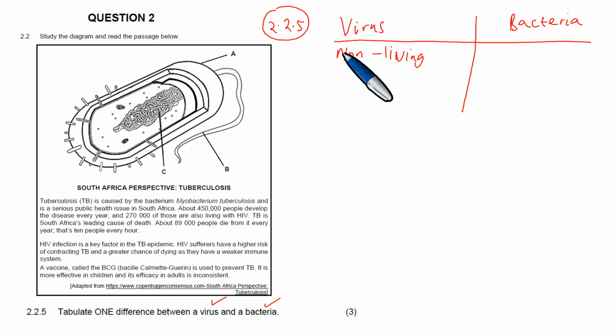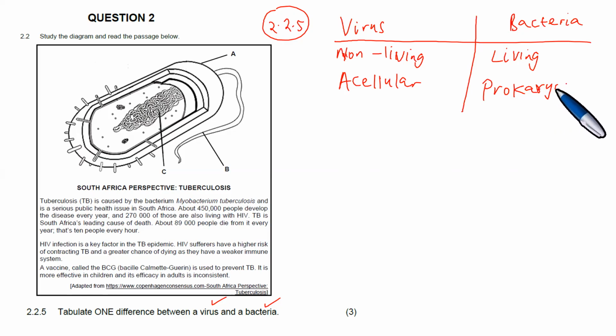We spoke about the protein coats associated with viruses. The bacteria themselves are living. Next, the viruses themselves are acellular. We have already stated that bacteria themselves are prokaryotic.